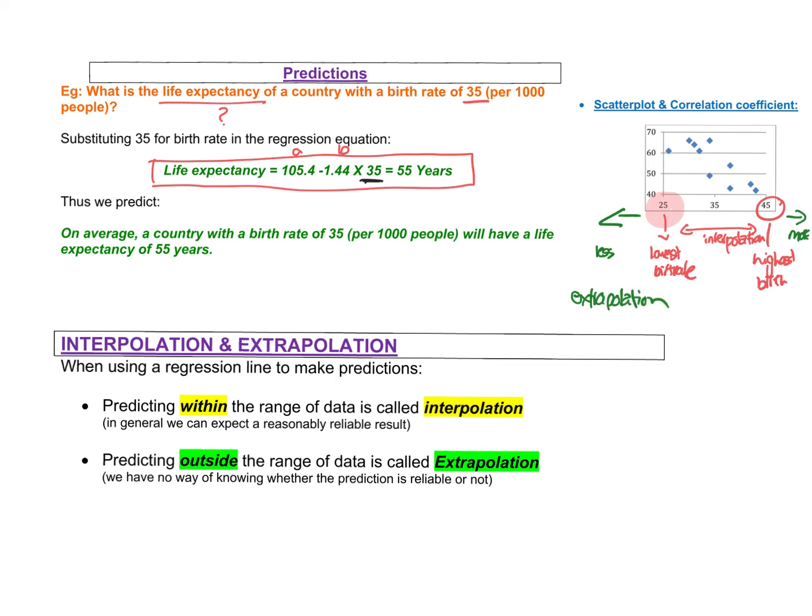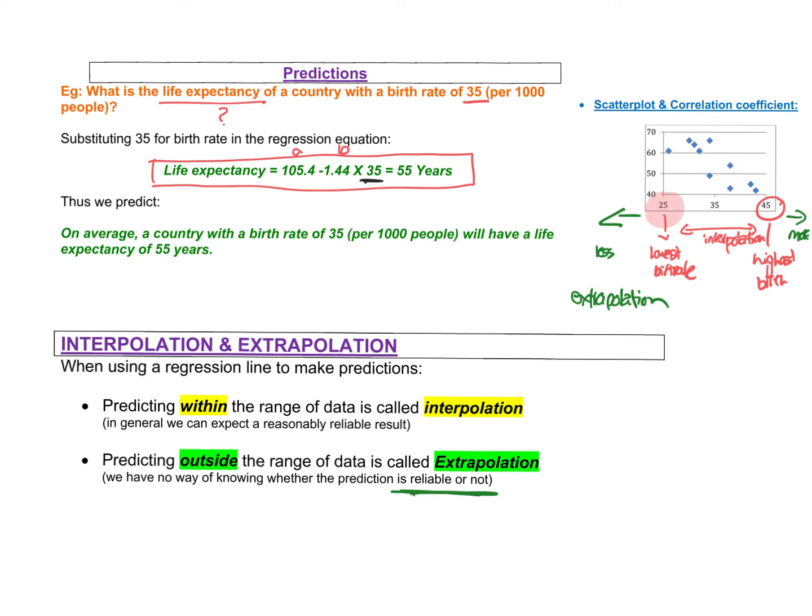Because what would happen is sometimes the trend might completely change after that little section. Something could happen. So you need to let people know, yes, we're predicting, but this is not where we've looked at data. So we are predicting, so we say it's extrapolation, it's outside the range, and it's not reliable.